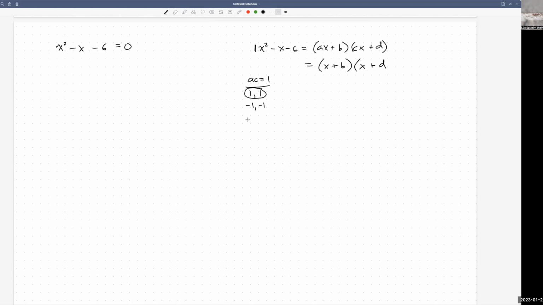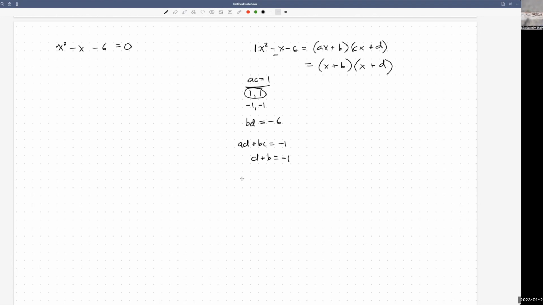So with that in mind, then we know we need b times d to equal negative 6. And we need ad plus bc to equal negative 1, this middle term. Right? That's the little map that we had. But of course, in this case, a and c are both 1, so this simplifies to just saying d plus b has to equal negative 1.